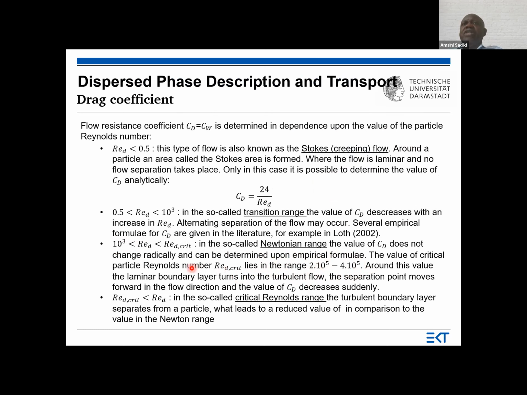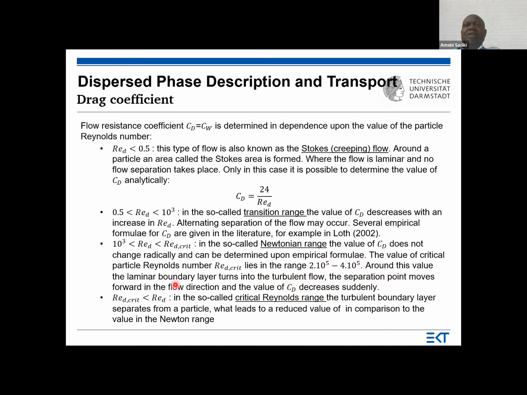The value of this critical particle Reynolds number is between these two values. And around this value, the laminar boundary layer turns into the turbulent flow. I will show you the pictures now. The separation point moves forward into the direction of the flow, and the value of CD decreases.